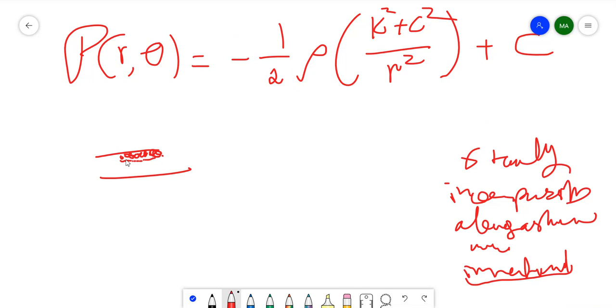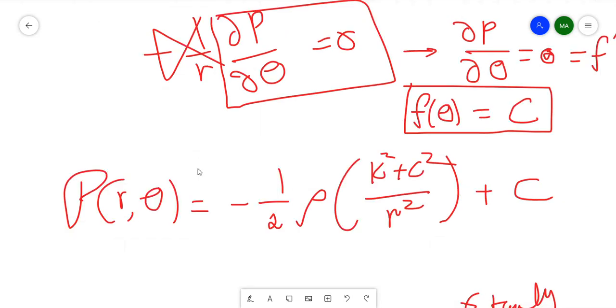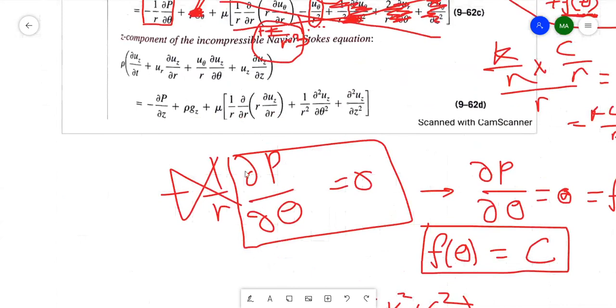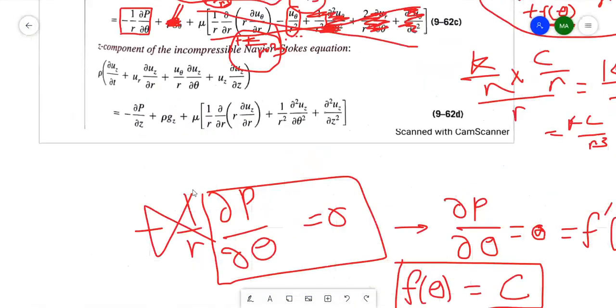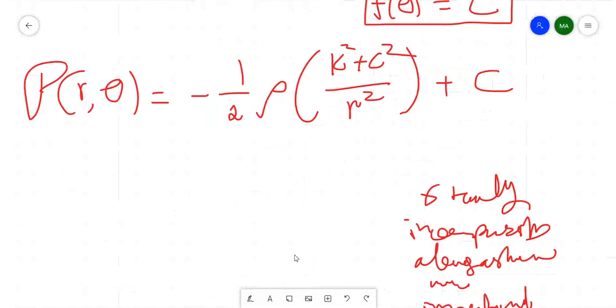So they keep moving in straight, smooth lines, and they do not make friction with each other. This is what makes the viscous forces equal to 0. This also agrees with what we calculated from here. Because look, the viscous forces were 0, and only the convective terms were present here, and here we didn't have convective terms. So this does agree with what we did before in this problem.